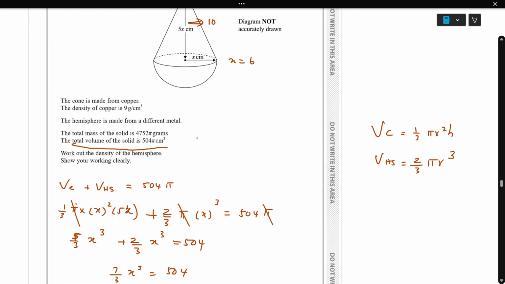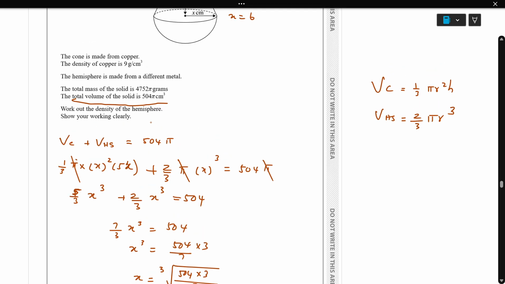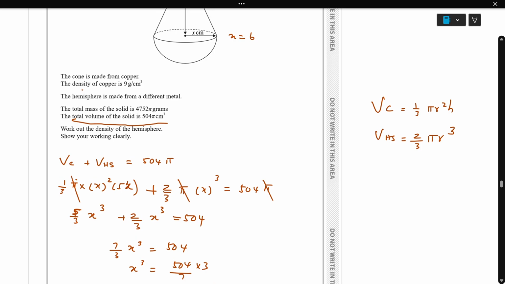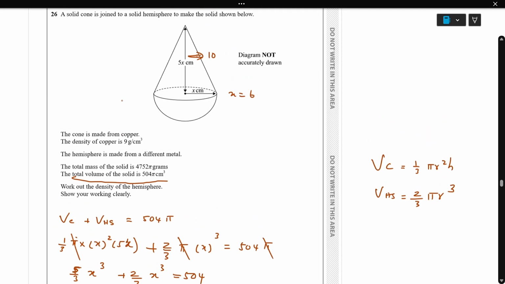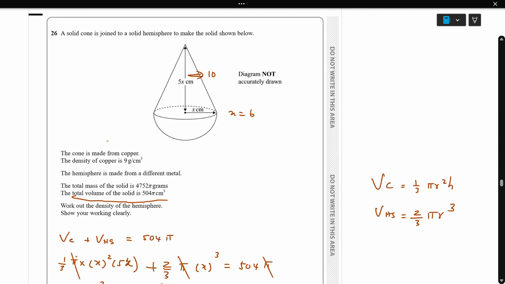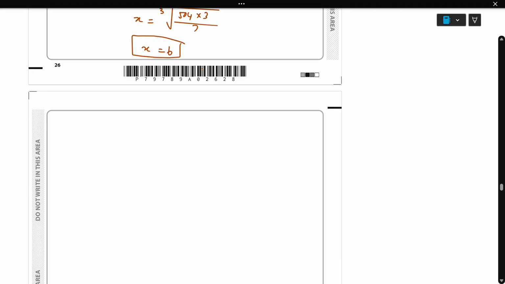Okay, so next is given. Here density is given, density equal to mass over volume, so we need to find the mass. Volume is required of cone, so we'll go for volume of cone.